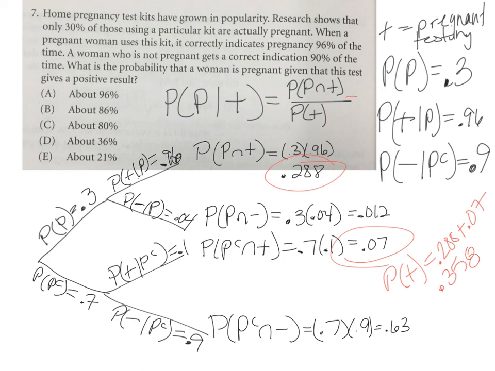So that goes in our denominator, 0.358, and our numerator is the 0.288. When I do that on my calculator, 0.288 divided by 0.358, I get 0.804, which is about 80%. So that means the probability that you are actually pregnant, given they get a positive result, is only 80%.